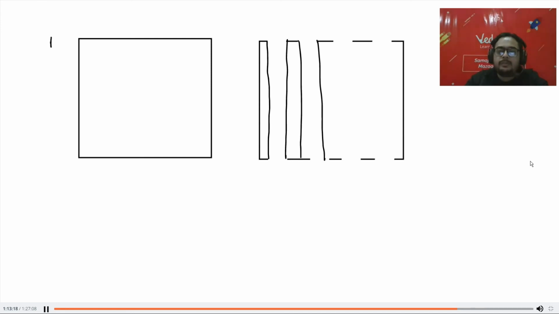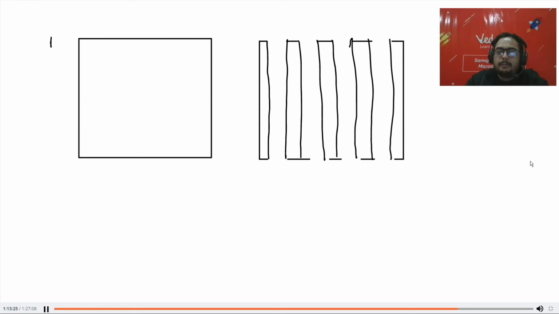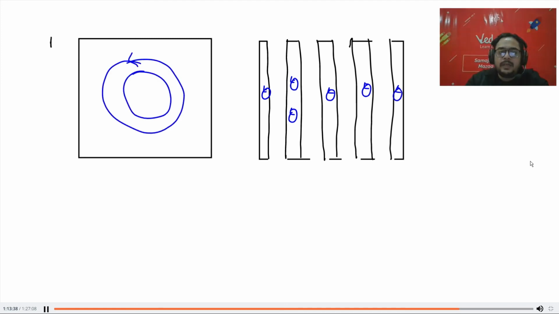If I cut it into small pieces, eddy current will still be generated, but now the circular loops will be small. Earlier, because of the larger surface area, larger currents were generated, so larger loss was there. If you make the plates thin, then small eddy currents are generated, which minimizes the eddy current loss, or heat loss.